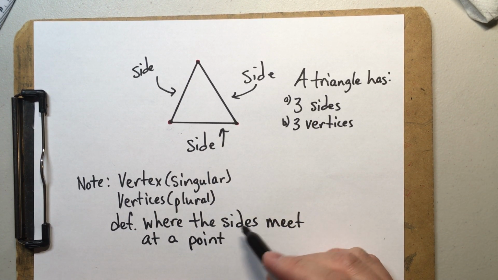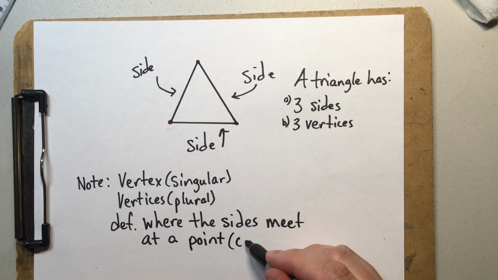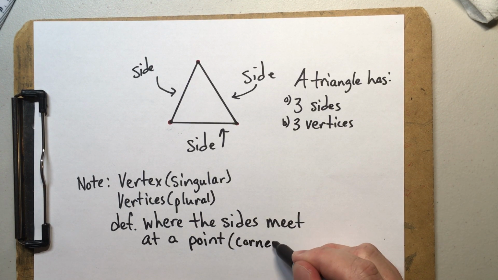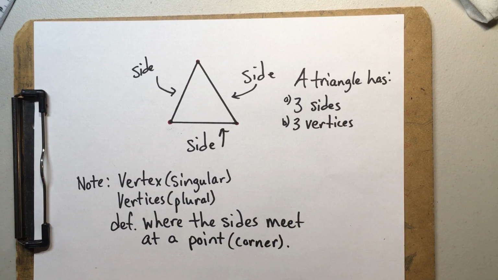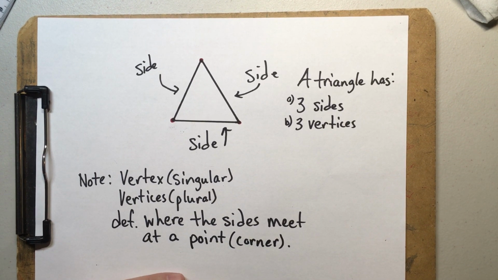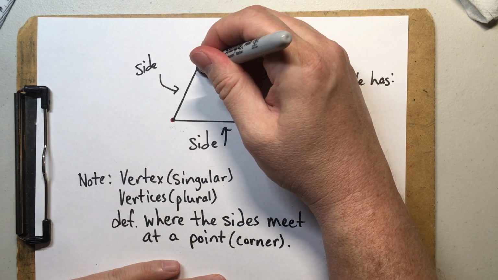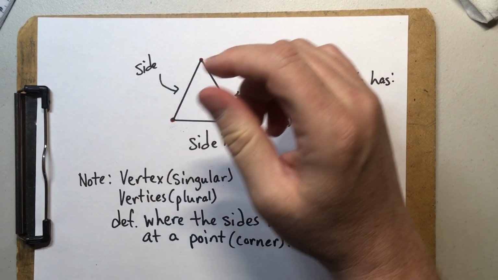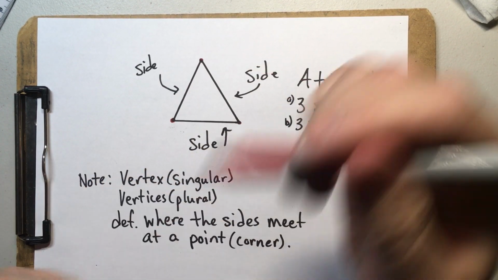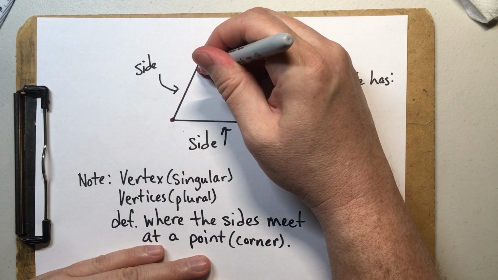You can also think of this as a corner if you want to. That's fine. Okay, remember what a polygon is. It means many angles. Now these are the angles. They're actually inside. I'm going to do this in red once again.